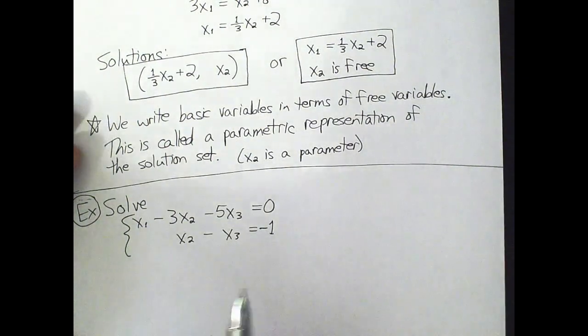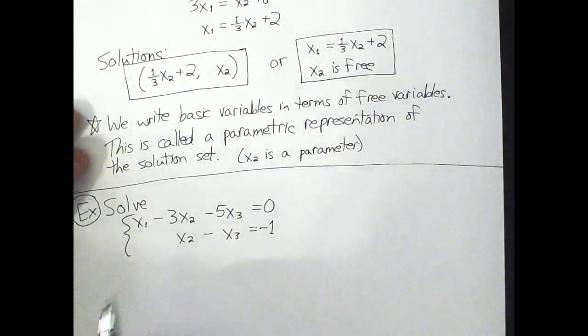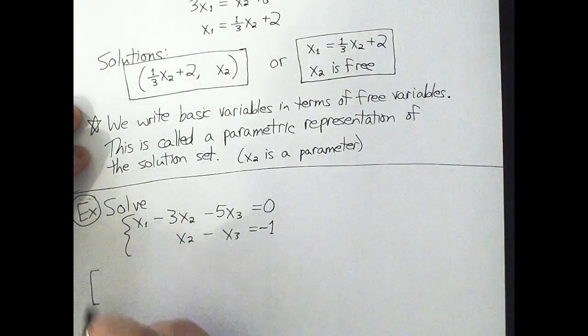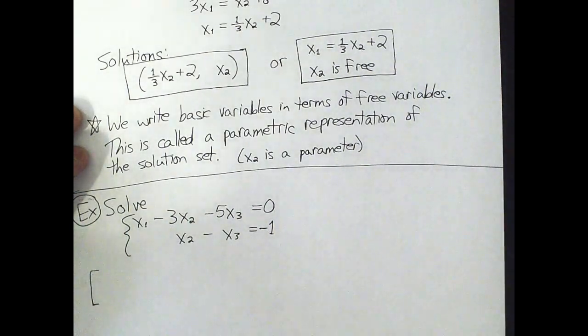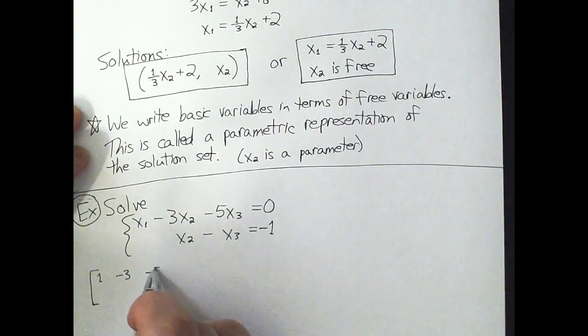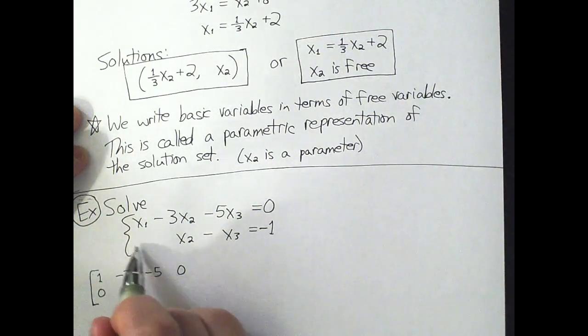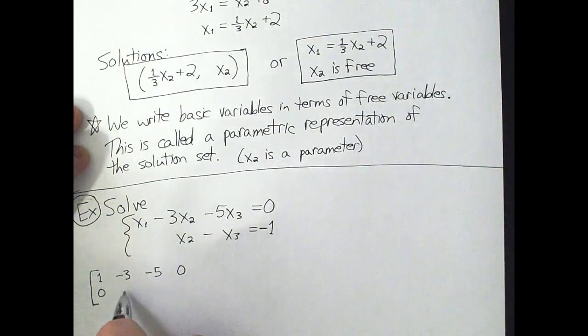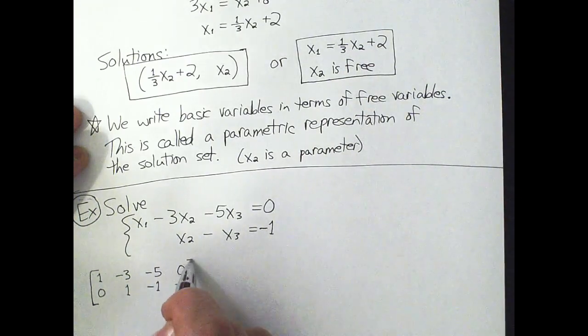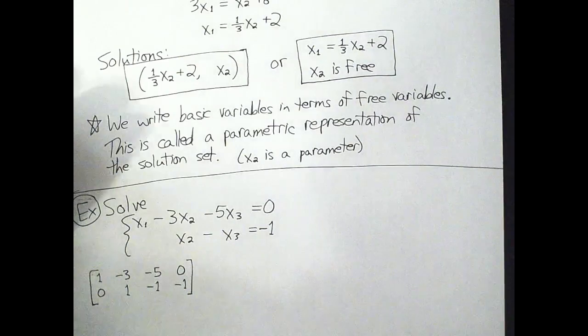We're going to work on it and see what happens. We'll still try to do the augmented matrix. So I guess 1, -3, -5, 0. What goes here? 0. So 0 x1's here. 1, -1, -1. Okay. This is what we start with.